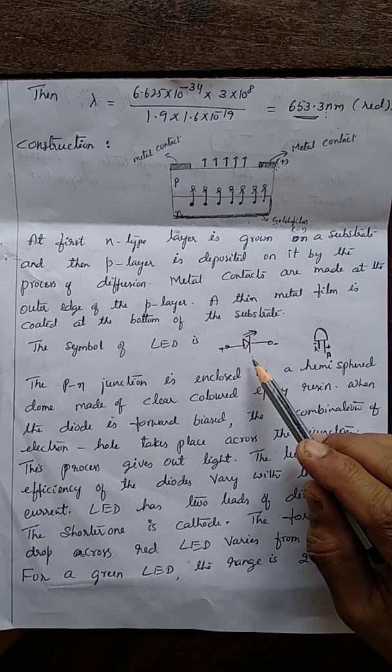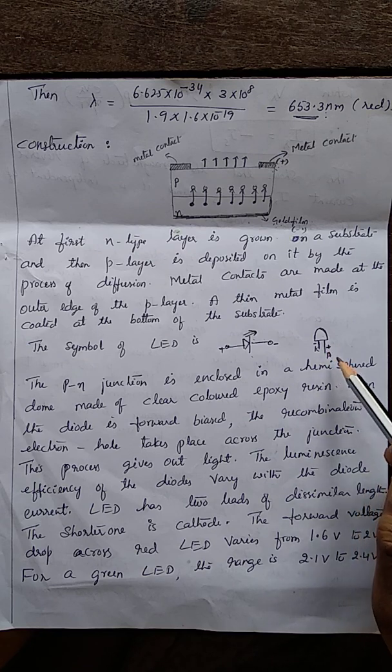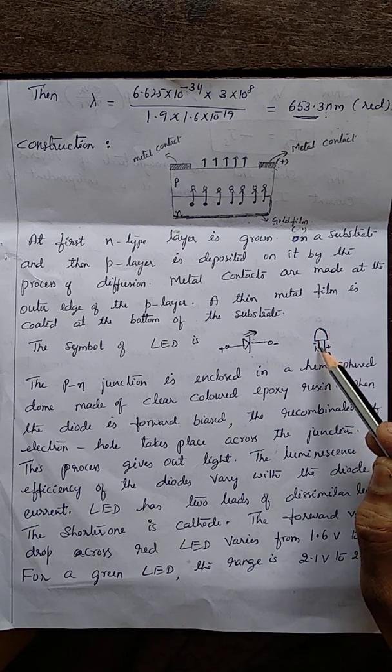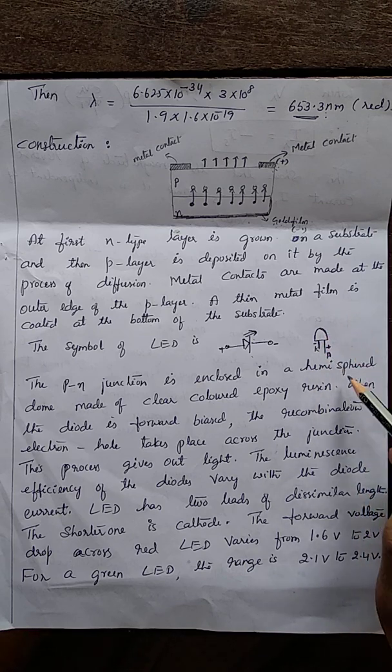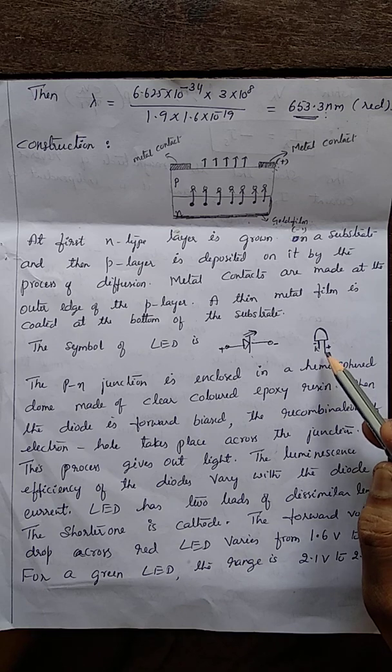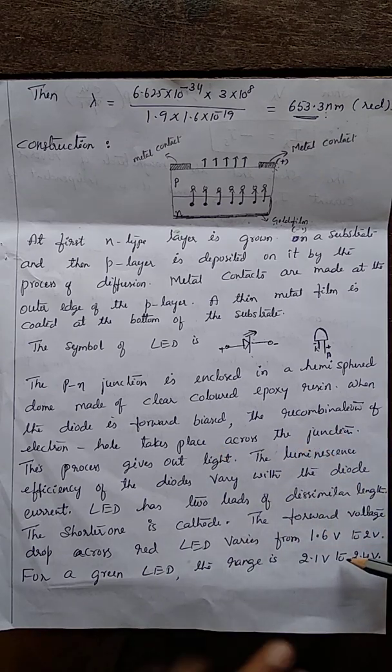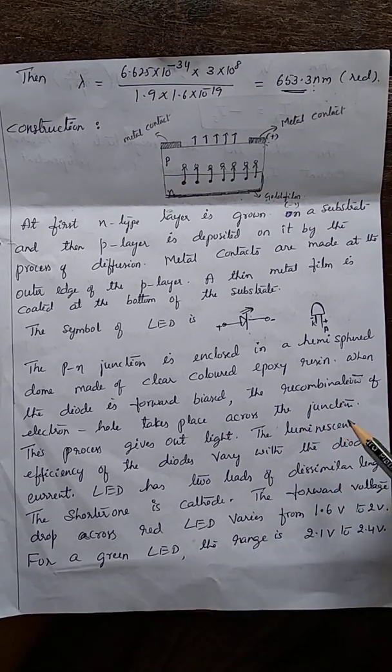LEDs are prepared by keeping the PN junction inside a dome made up of transparent material. A PN junction is kept inside, or embedded in, a dome of transparent material like clear colored epoxy resin. When the diode is forward biased, recombination of electrons and holes takes place.